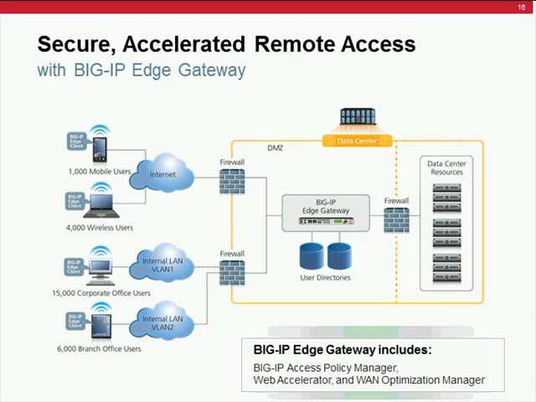So that's the primary difference between the two. One is a module for LTM with all of the features. Edge Gateway is the standalone, but also includes the WAN optimization and the web acceleration. But they both can handle up to 60,000 concurrent users and 600 logons per second and multi-gigabit throughput.